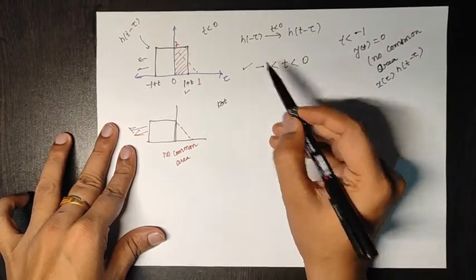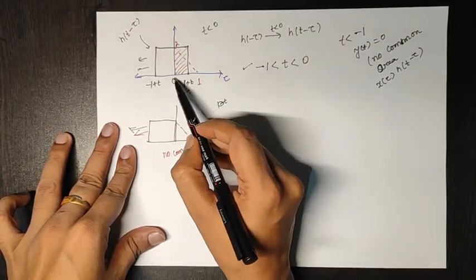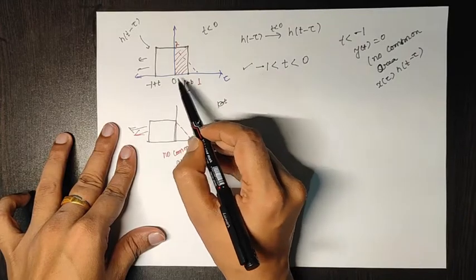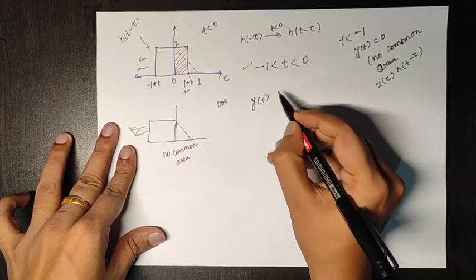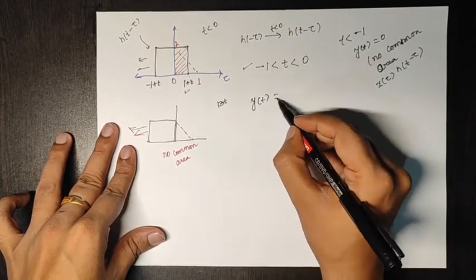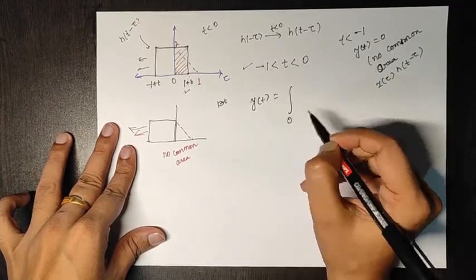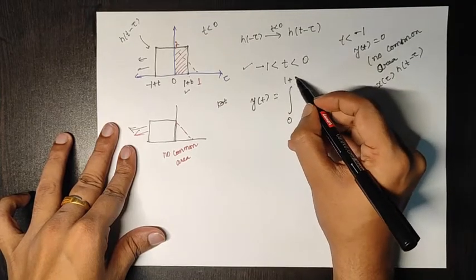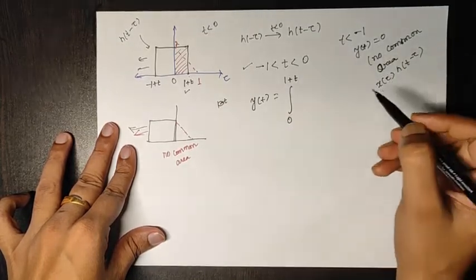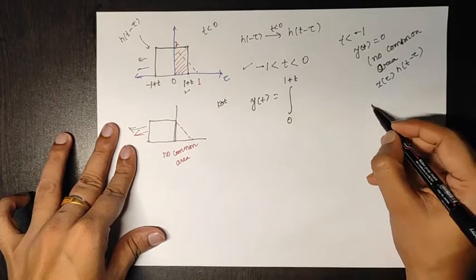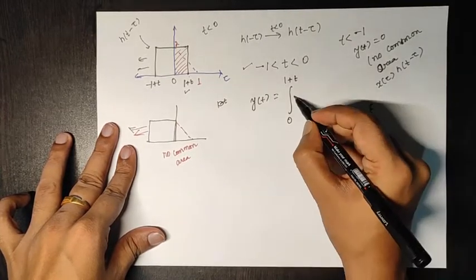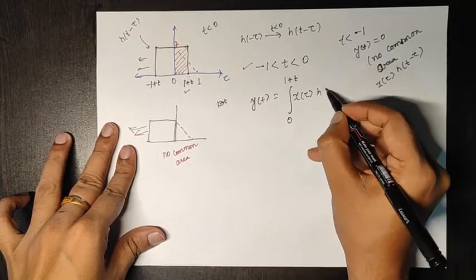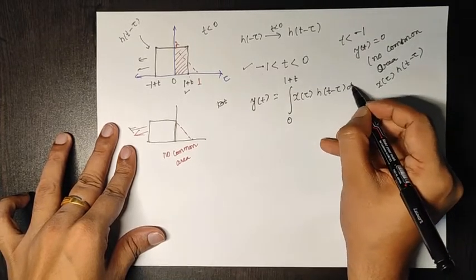So for this case, the limit will be from 0 to 1 plus t. So y(t) for this interval can be written as the integral from 0 to 1 plus t of x(tau) h(t minus tau) d tau.